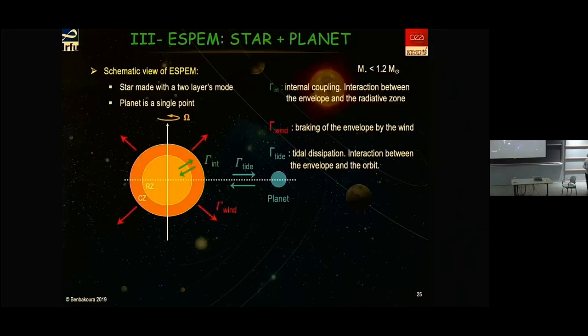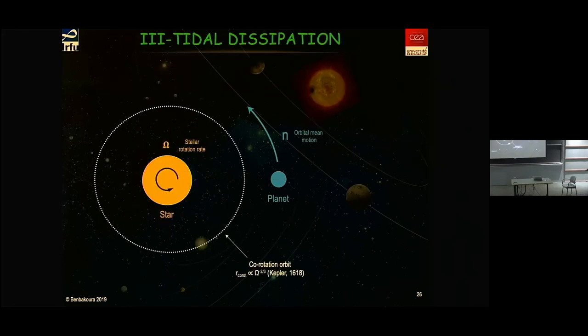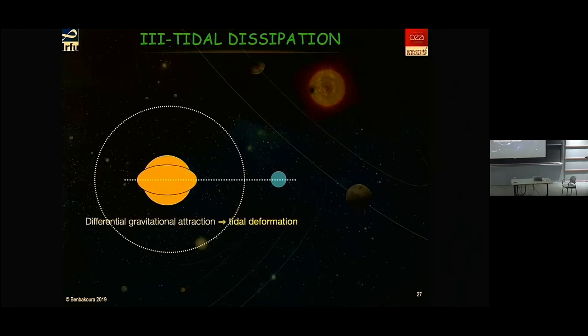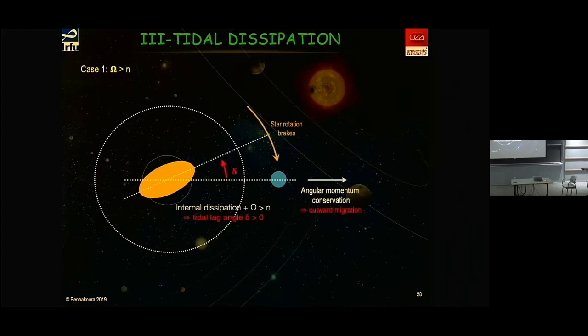The third torque that we are going to simulate is the tidal dissipation, which is the interaction between the envelope and the orbit. Just to go fast: the first effect is that it is going to change the shape of the star. The second one is precisely the braking or the acceleration of the planet.